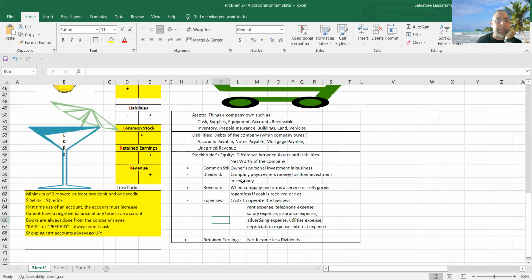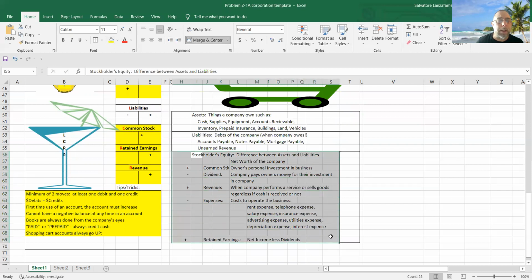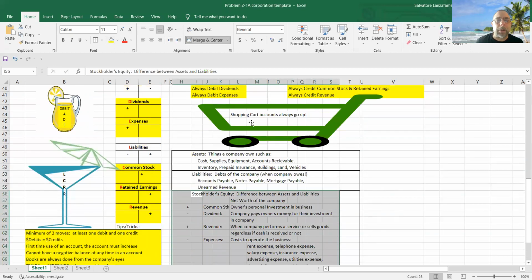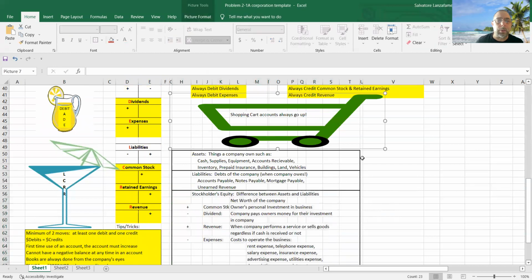So when the company gives its owners a dividend, the value of the company technically decreases. Revenue makes your stockholders' equity go up, expenses make it go down, and retained earnings make it go up. So this is just the impact on the equity. But from a functional standpoint, remember your 5 shopping cart accounts, they always go up.